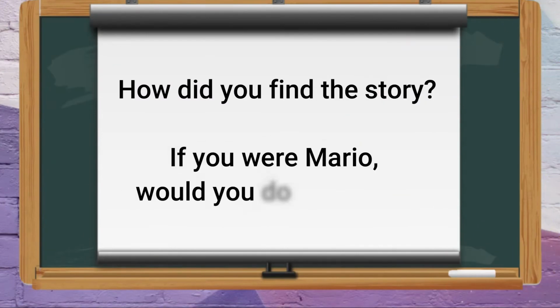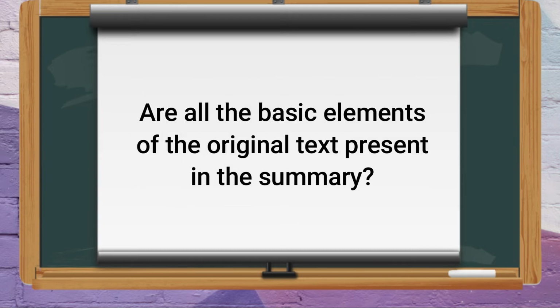How did you find the story? If you were Mario, would you do the same? Did I hear you say yes? Exactly! Are all the basic elements of the original text present in the summary? Yes, that's correct.